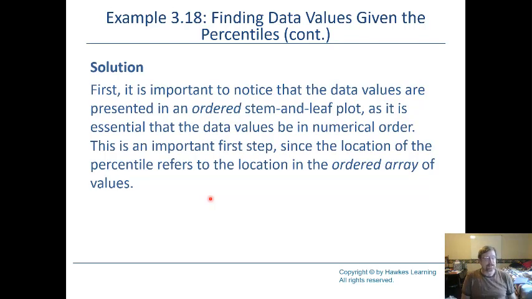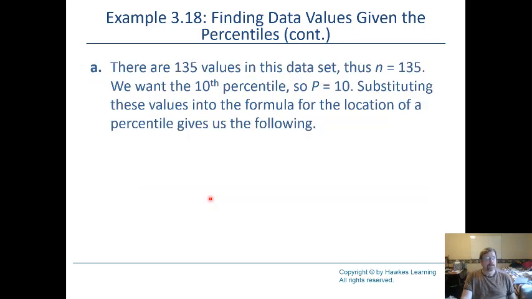All right, so this is an ordered stem and leaf plot. We need to remember that the location we get from that formula for percentile gives the location in an ordered array. There's 135 values. We want the 10th percentile, so P is 10.